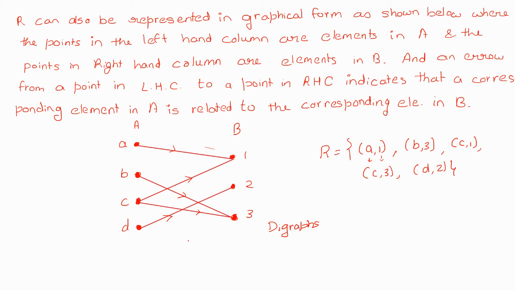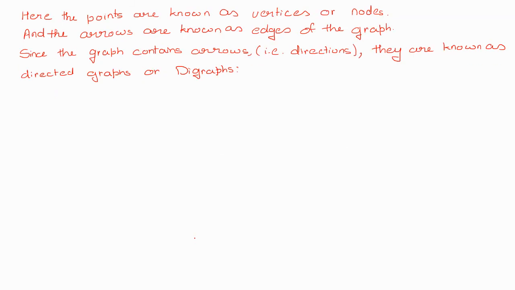Mostly the graphs are represented as G, capital G. Therefore, we can say that A, B, C, D, 1, 2, 3, these 7 points, are the vertices of this graph G. The points are called vertices or nodes, and the arrows are known as the edges of the graph.